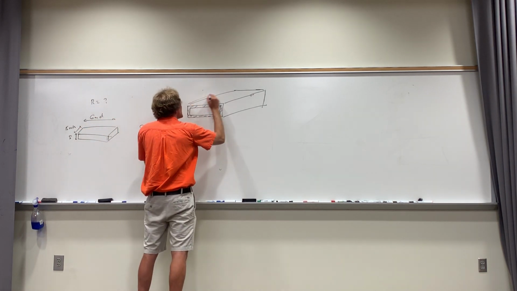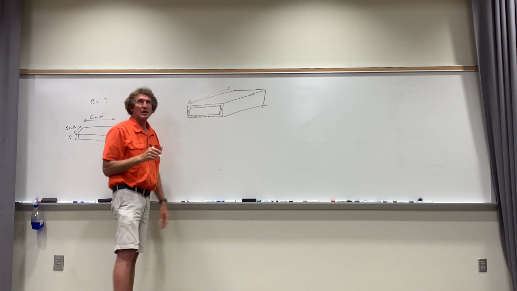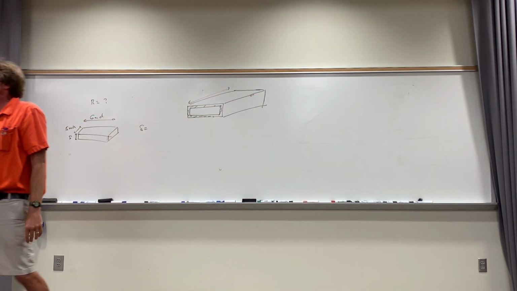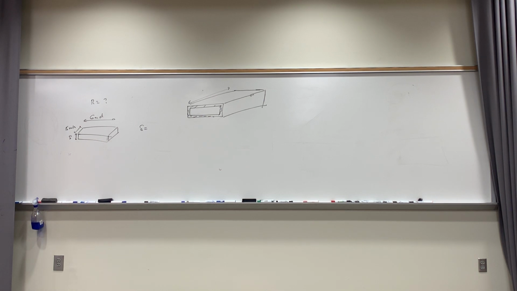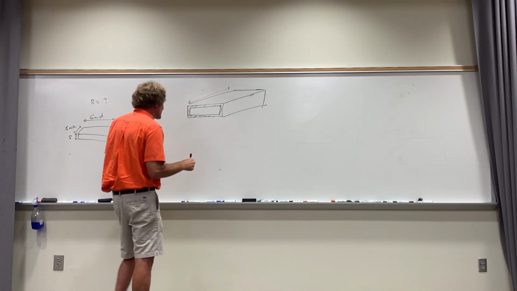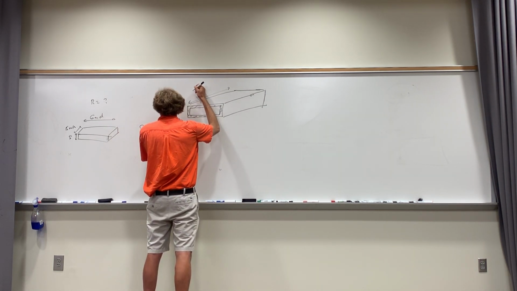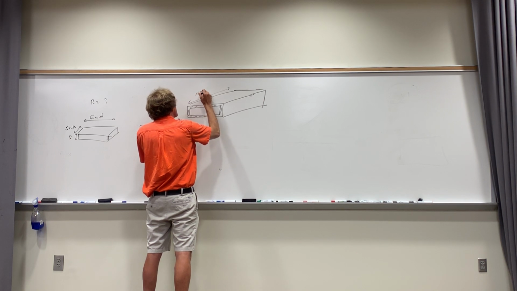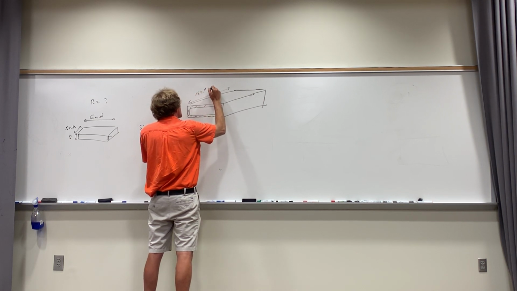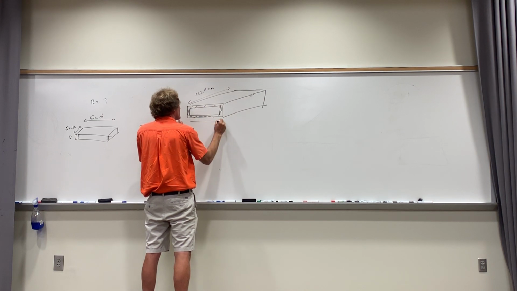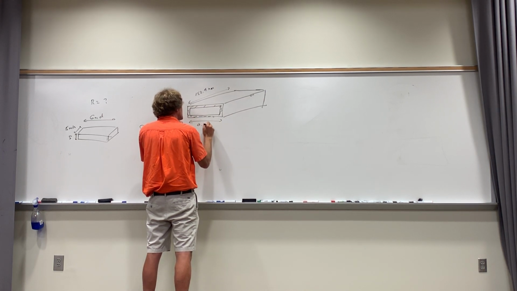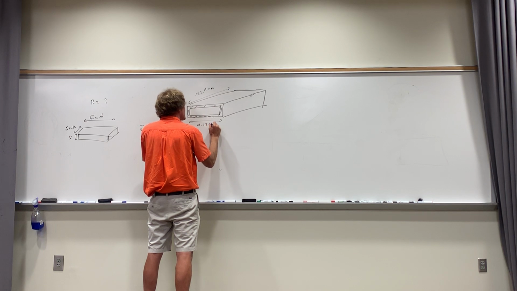Can you give me 6 inches in millimeters? 2.54 centimeters is equal to 1 inch, so multiply 2.54 by 6. That's 152.4 millimeters. And the width is 0.127 millimeters.